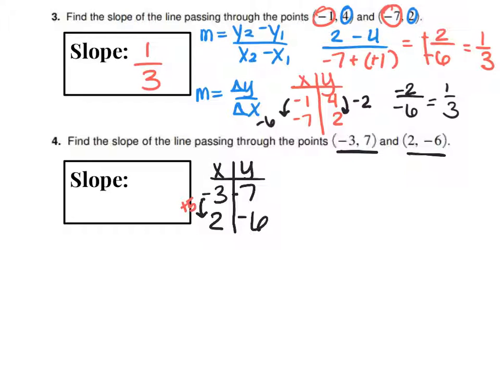And from 7 to -6, I would have to subtract 13. When I do this, I'm saying my delta y, my change in my y's, and my change in my x equals -13 over +5.